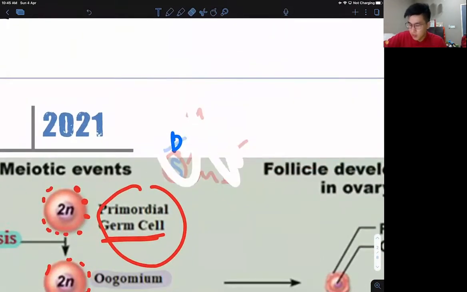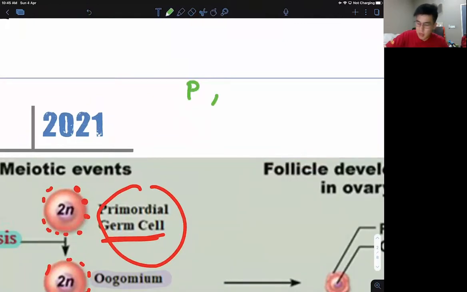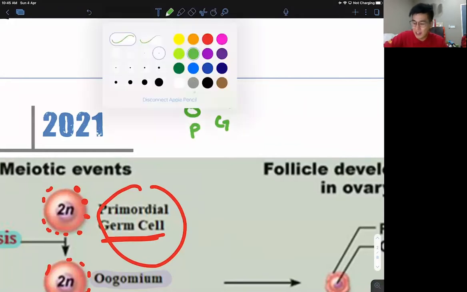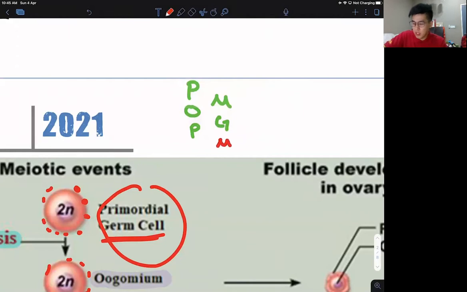First I begin as a primordial germ cell. I undergo mitosis to become oogonium. Then I grow to become primary oocyte. After that, I undergo meiosis 1, but I stop at prophase 1. This is what a girl has when she's born.